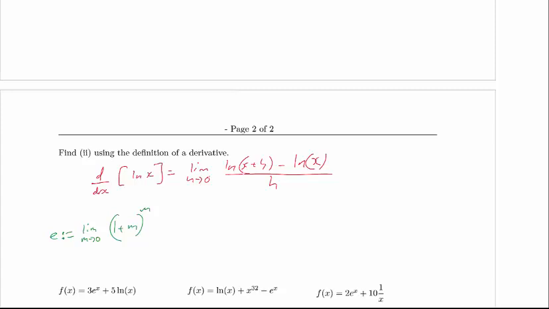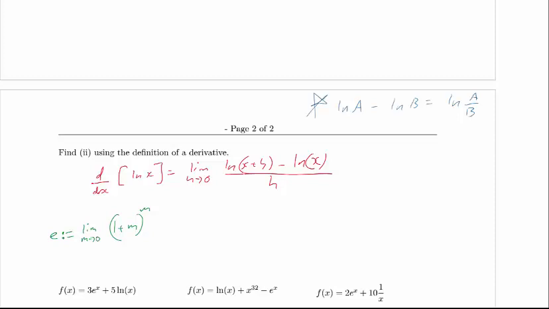We're going to go ahead and combine these two expressions there, because you may recall that the natural log of A minus the natural log of B is going to equal the natural log of A divided by B. That's a property of the logs. If you don't have this committed to memory now, I very strongly suggest you commit this expression to memory.